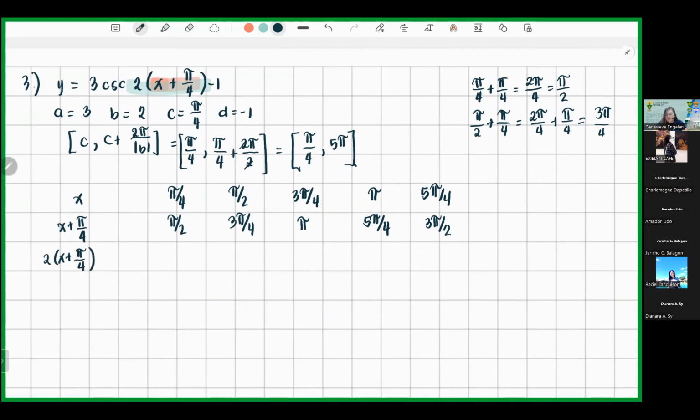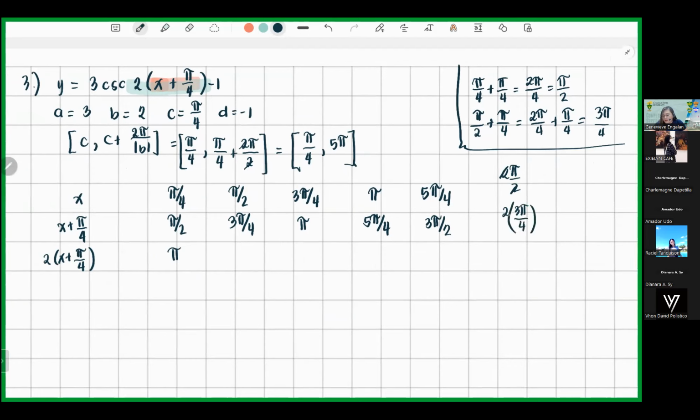So 2 times pi over 2, the 2 cancels, and this will become pi. Next, 2 times 3 pi over 4.